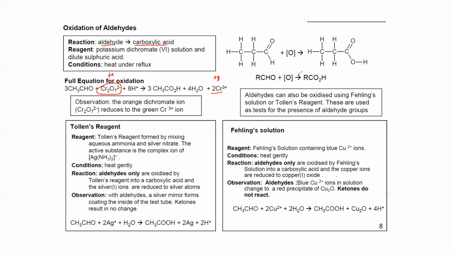This can also be used as a test to distinguish between aldehyde and ketone, because aldehyde can be oxidized, but ketone cannot be oxidized. So what we can do, we can use Tollens reagent or we can use Fehling or Benedict solution. So what is a Tollens reagent? It is a complex compound which contains a silver ion.